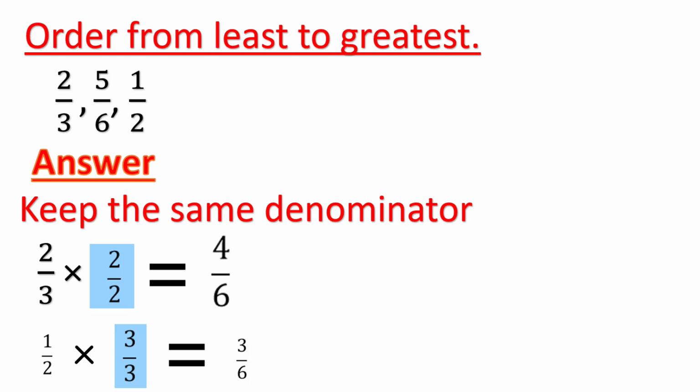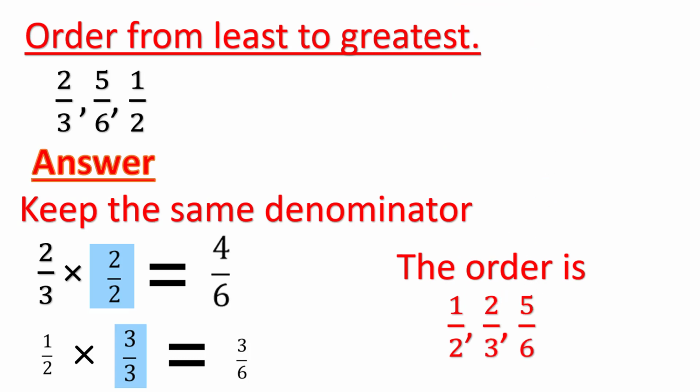But when we write the fractions, we write the original fractions, which is 1/2. So don't write 3 over 6, write 1/2, followed by 2 over 3, followed by 5 over 6. So the order is 1/2, 2/3, 5/6. The smallest one is 1/2 and the greatest one is 5/6.